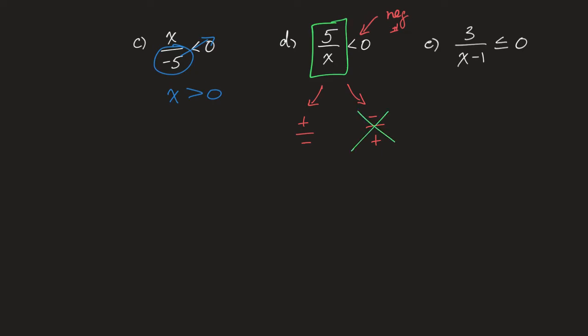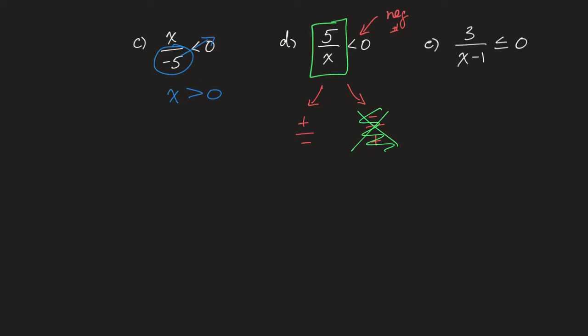Now, within those two cases, I'm hoping we can see that the second case can't happen. Look back at the top of your fraction. That top is 5. It cannot be negative. It's constant. It is always equal to 5. And so case 2 is never an option; it has to be the first case.